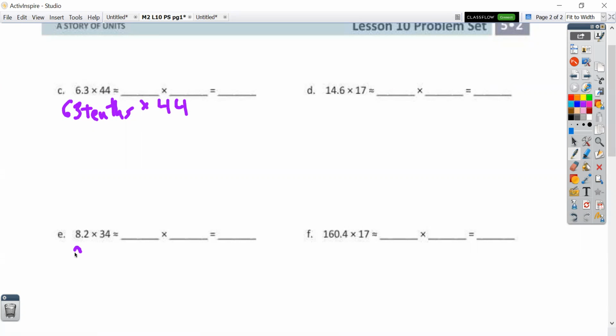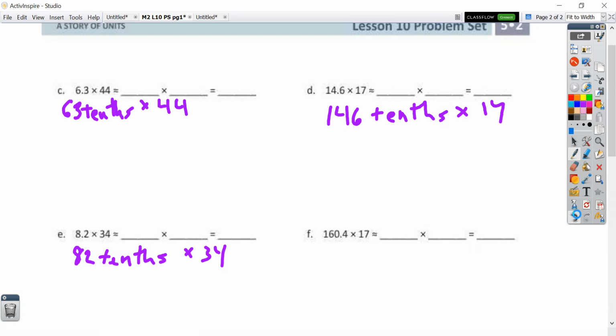Right below it would be 82 tenths times 34. Up here would be 146 tenths times 17. Oops, that's a bad 17. And then down here would be 1,604 tenths times 17.